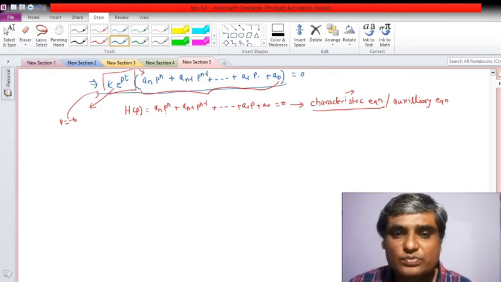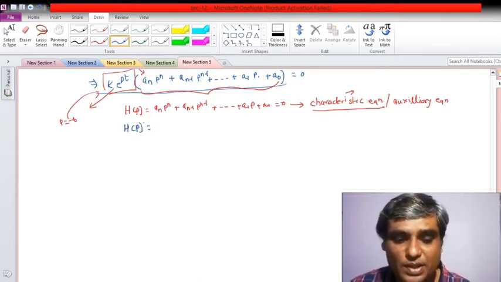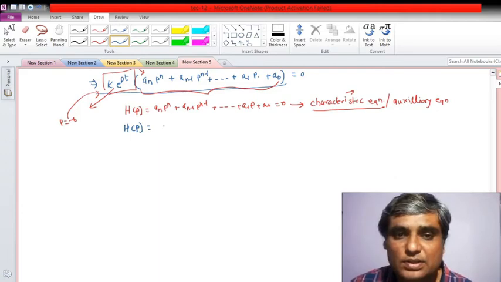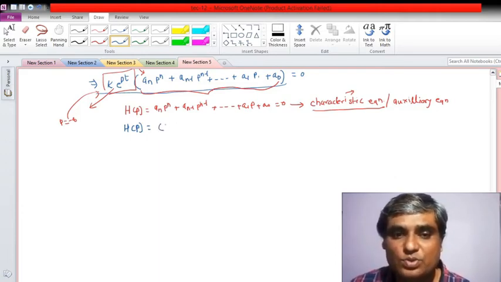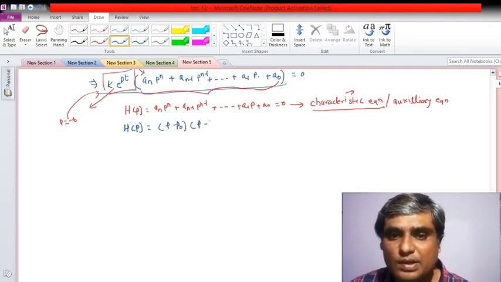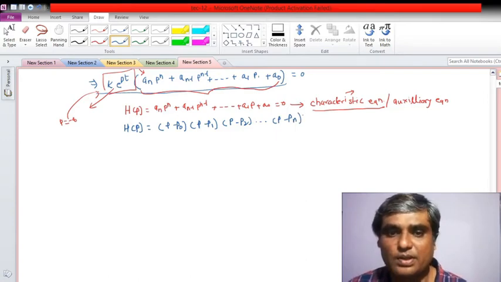So this polynomial h of p, I can write as follows. Say I have n roots. Suppose p minus p0 is one root, p minus p1 is the second root, p minus p2 is the third root, like this. Let me have n roots, or n minus 1 roots, whatever it is.